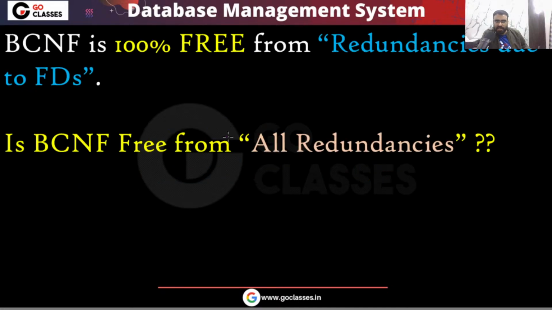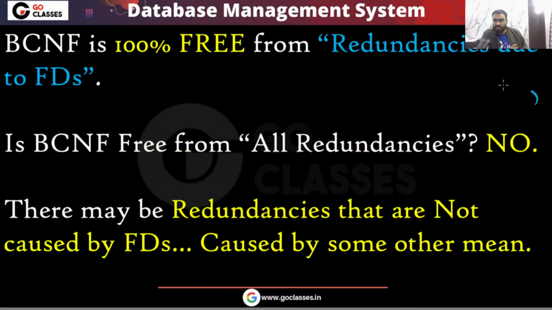So you might be thinking, is BCNF free from all the redundancy? Can I say that BCNF does not have any redundancy? The answer is no, because there may be some other reason for the redundancy, but functional dependency is not the reason. In the BCNF, there may be some other cause of redundancy, but FDs can never create redundancy in the BCNF.